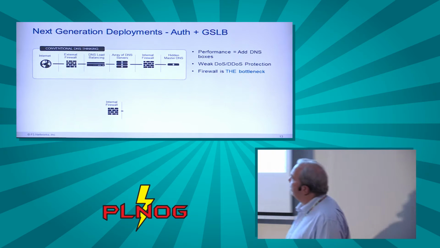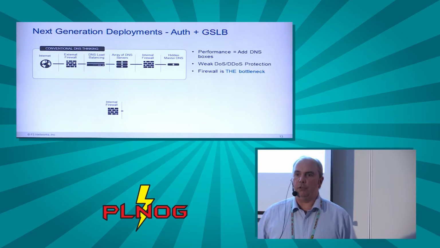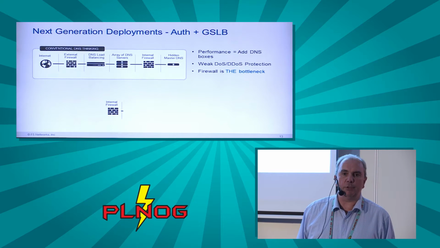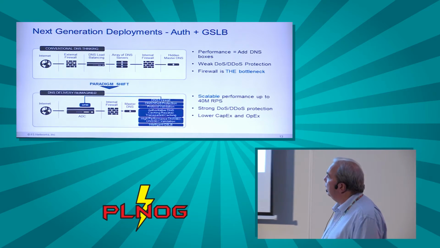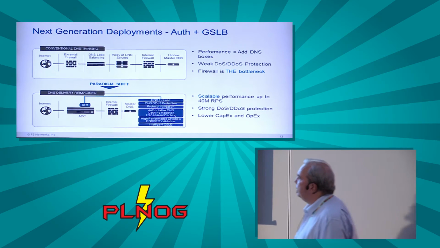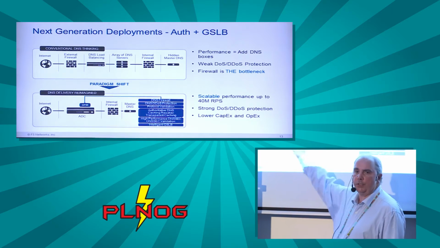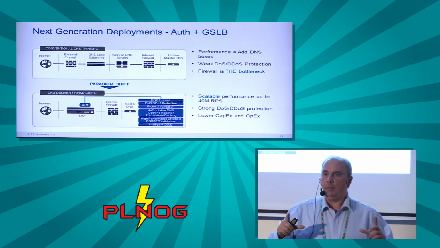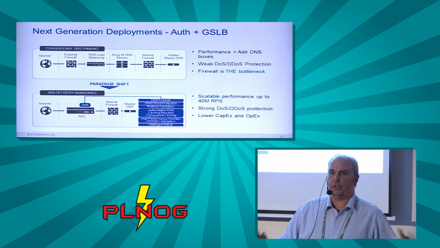So how do you take that conventional DNS thinking, that architecture, and change it and do something different and new that's going to allow you to scale and provide some of the security aspects? This one's for an authoritative environment, but the next slide looks at the cached environment. The idea in terms of consolidation is that we're starting to see platforms which can take both the firewalling of the DNS and the DNS itself and consolidate those components down.